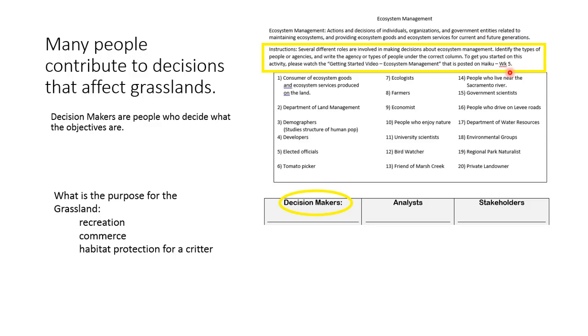Is it going to be recreation, commerce, habitat protection for a critter? What is going to happen here? So go ahead and write that definition right underneath decision makers. Decision makers are people who decide what the objectives are. I'll give you a second to do that. If you need more time, pause the video.